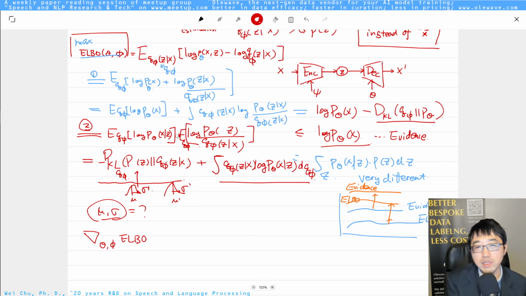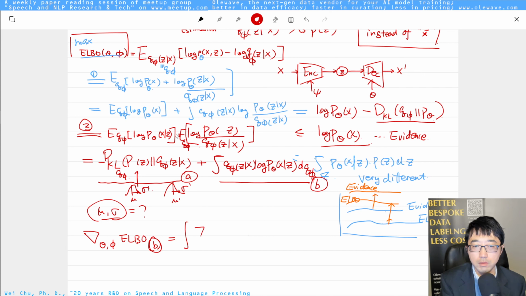Let me just write the second term. Let me call this the first term, term A, and the second term, term B. And just write the term B, okay? So applying the chain rule, you will get this.